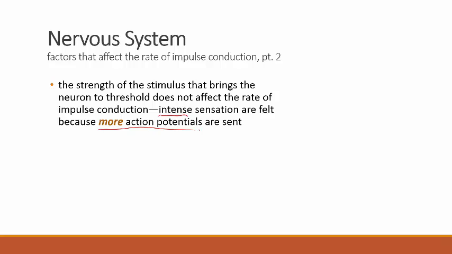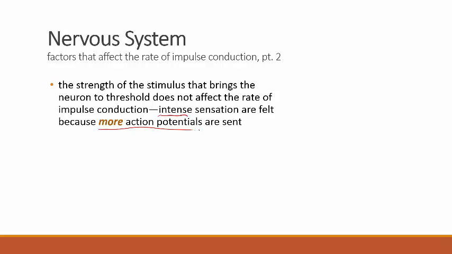There's no such thing as a strong action potential, because every action potential has the same intensity. It has the same amplitude and the same duration. The way that we register a really strong piece of sensory input is the number of action potentials that are sent in the same amount of time.